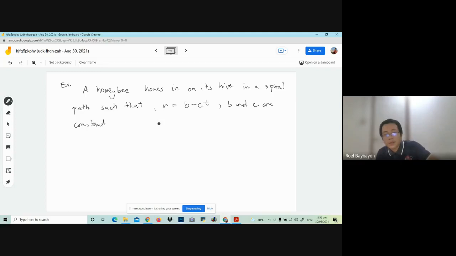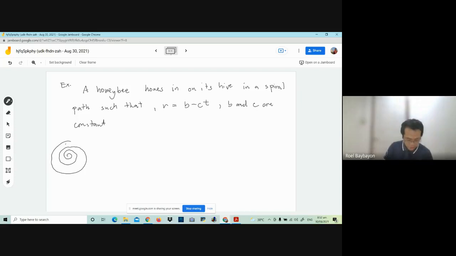Okay? As you can see, if you graph r, its form is a spiral. It is large at first, then gets smaller from time to time. So this is the path, a spiral path, and the equation is r equal to b minus ct, where b and c are constants or coefficients.